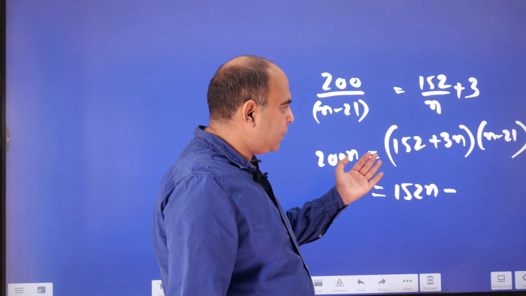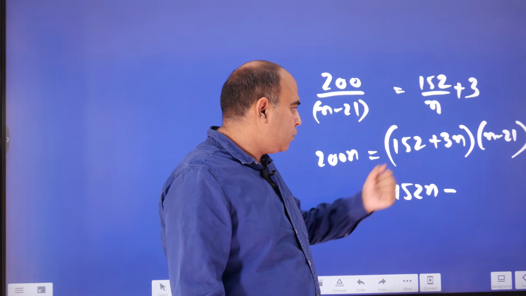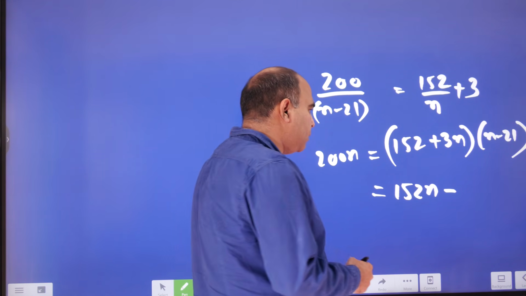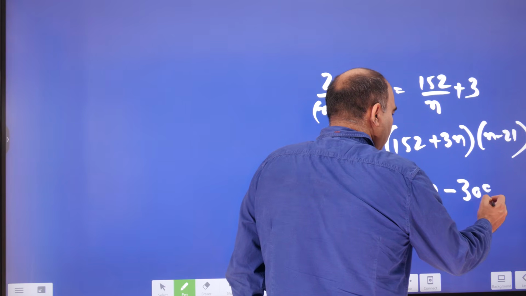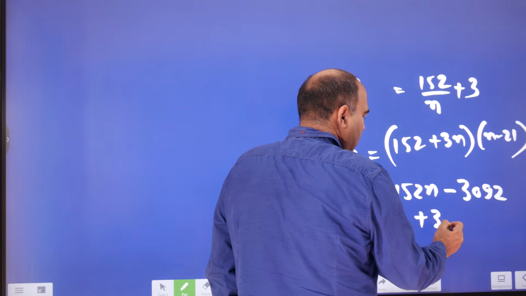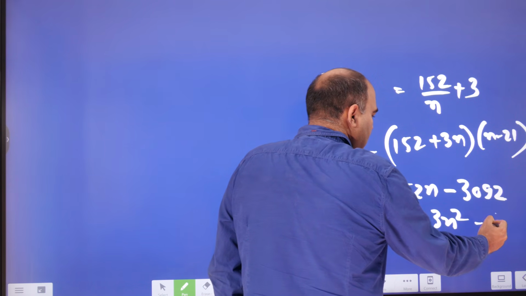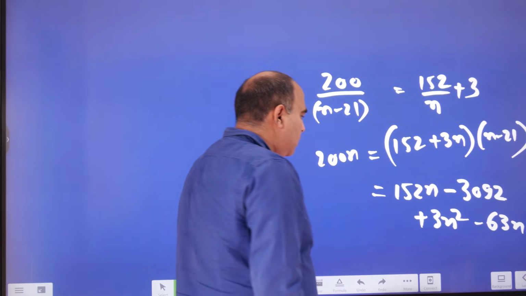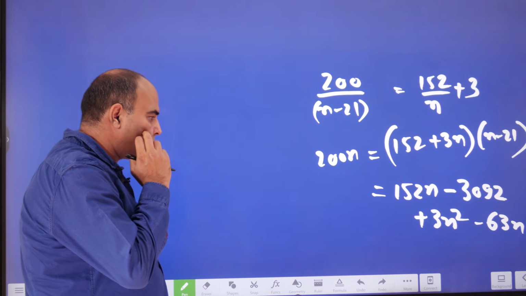Is that correct? 152 into 2 is 304, 20 is 3040 plus 152, 3192, plus 3n square minus 63n. This is the equation that gets formed here.